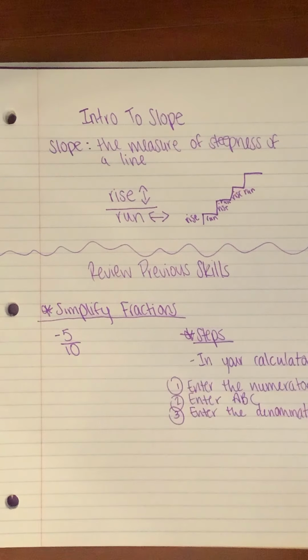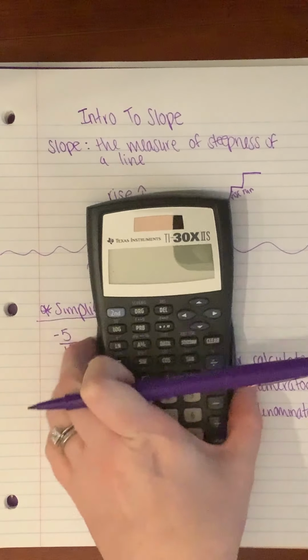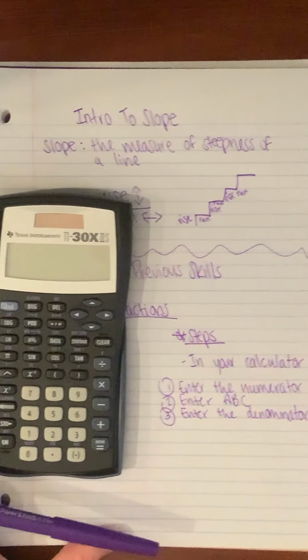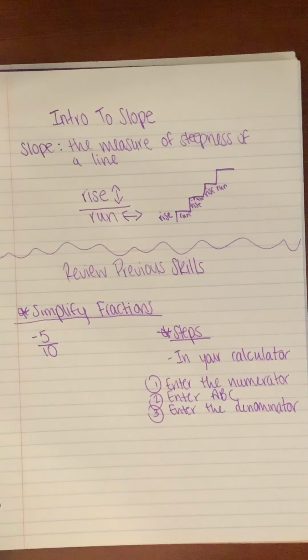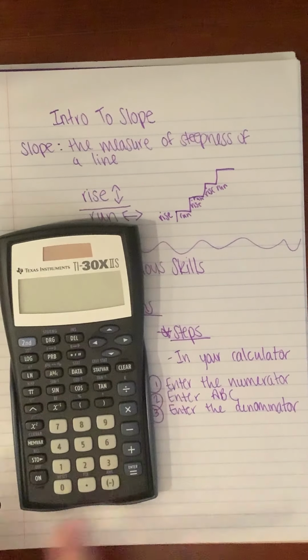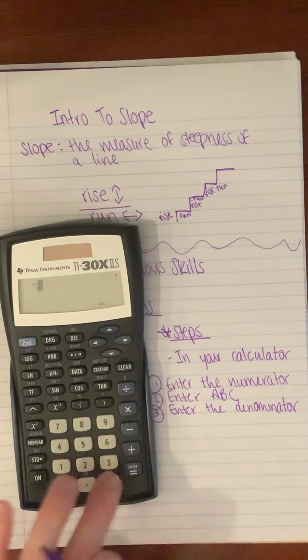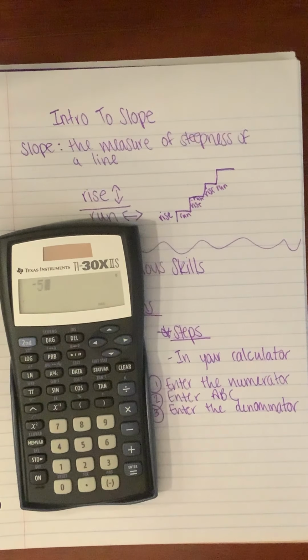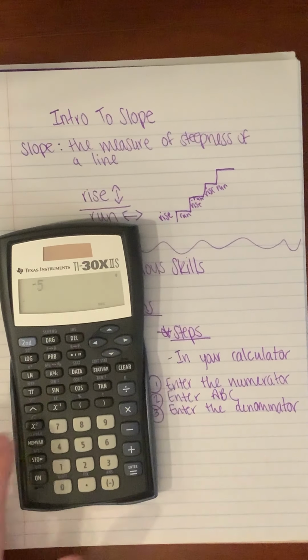All right, so let's review how to do that. I have my calculator here. Hopefully you grab yours, and I'm going to move it just in case you need those steps still. Okay, so our example was -5 over 10. So I'm going to turn my calculator on, enter -5. Remember that ABC button is right here underneath PRB.